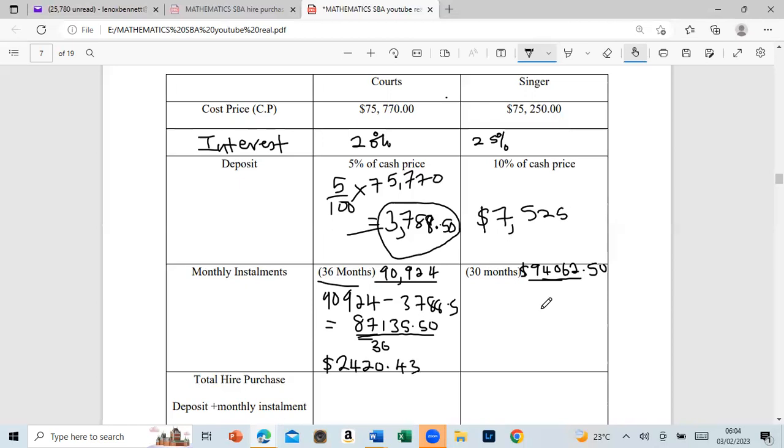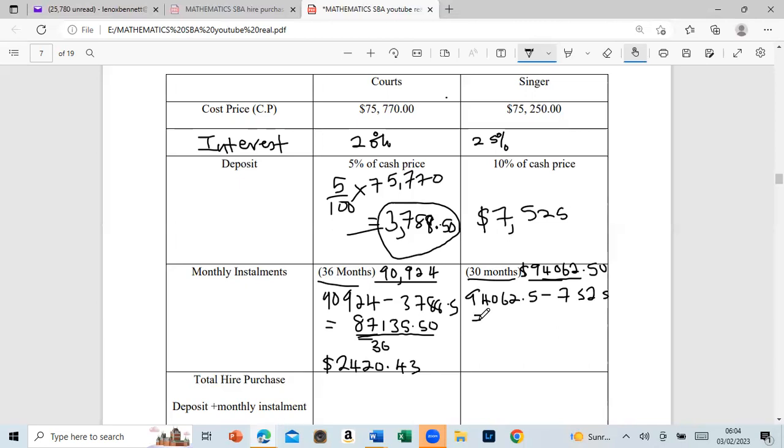Now let us calculate the monthly installment for this one, but guys, it's 30 months, so it's a difference. So it's 94,062.5 minus the deposit, which is 7,525. After we get this, we divide it by 30, not by 36, because it's 30 months.